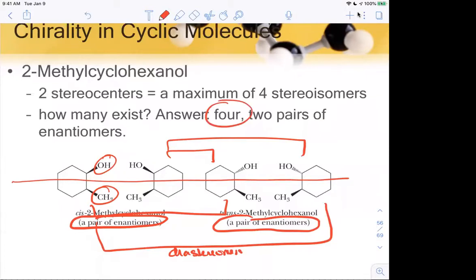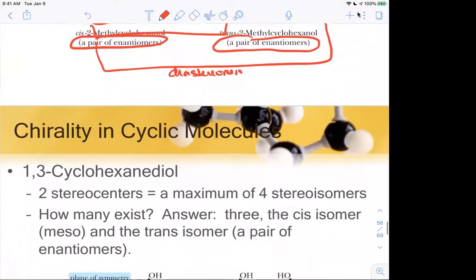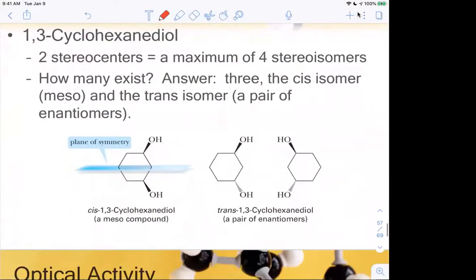So I get 4 stereoisomers, which are 2 pairs of enantiomers. Look, this is the same as this. In one isomer, I have that plane of symmetry. This is reflecting this through this plane of symmetry. So this is going to be meso.